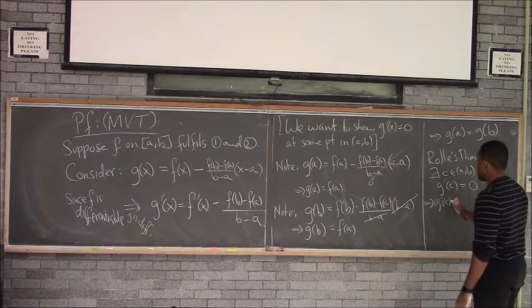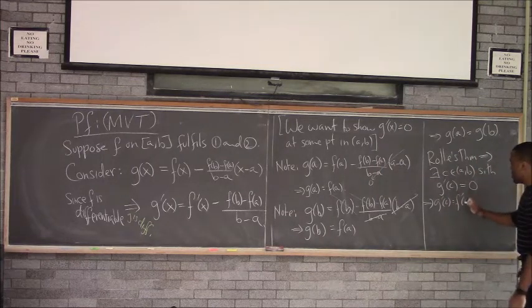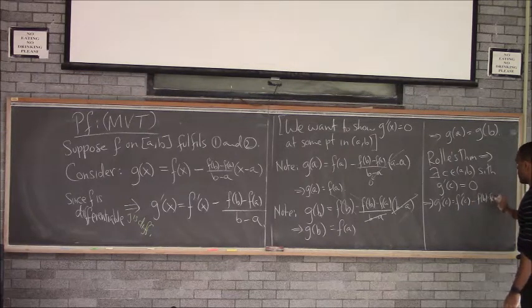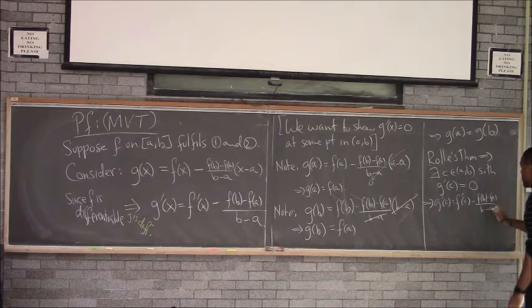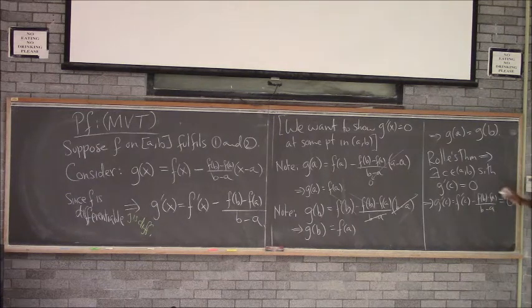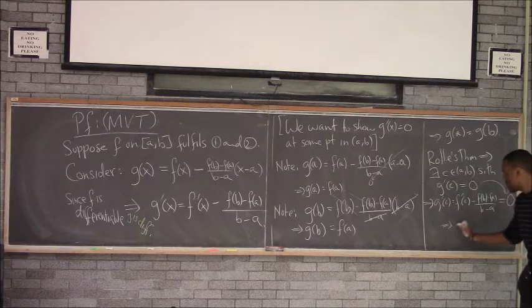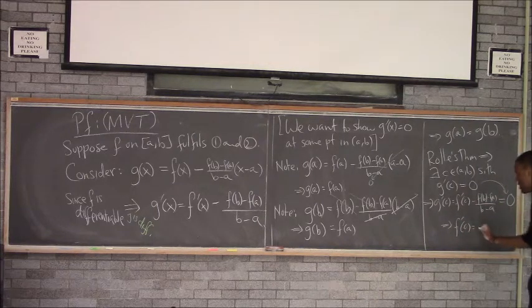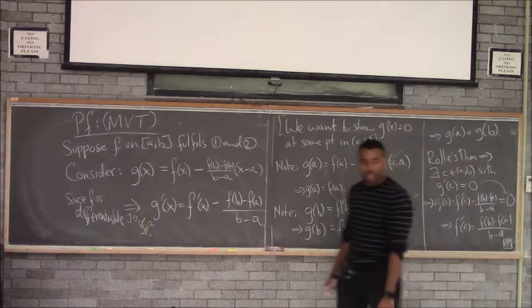G prime of c is going to be equal to f prime of c minus f of b minus f of a over b minus a, and that has to be equal to 0, which means I can now add this to the other side. For this point, my derivative is going to be that. QED. The derivative has to be the average rate of change at some point.